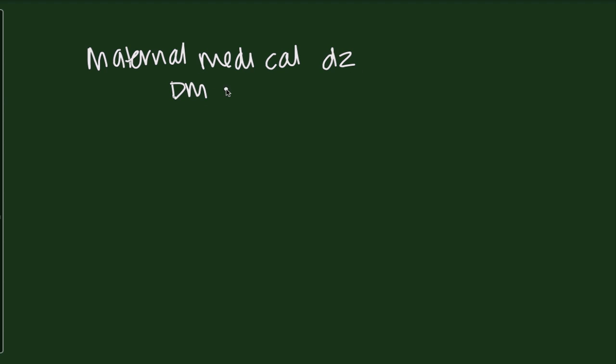Other risk factors that we have already touched on: maternal medical disease is a huge category. The most common of those that we think about are diabetes, again increased risk with poor glycemic control, also hypertension, preeclampsia, lupus, and thrombophilias.